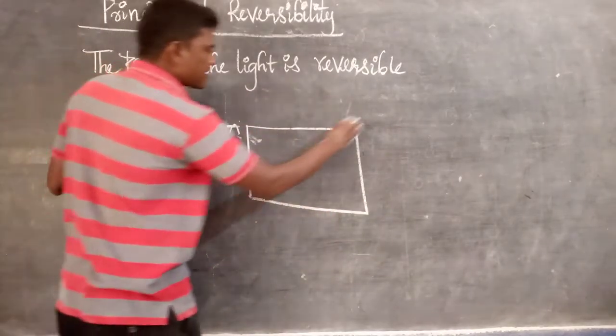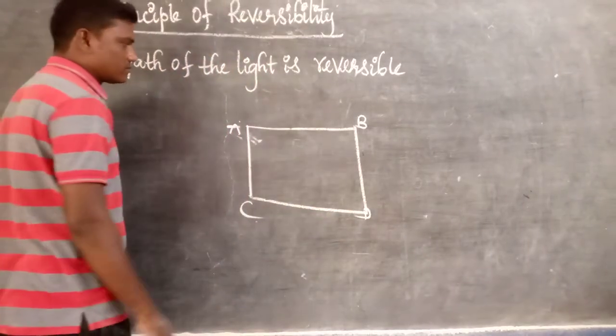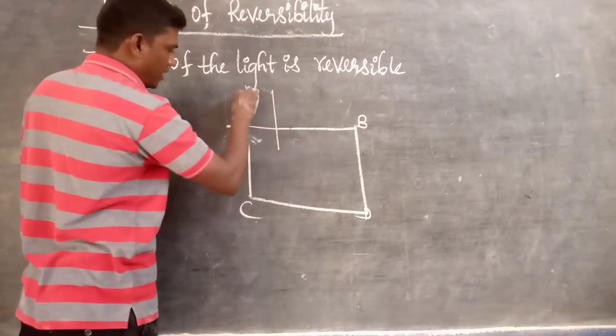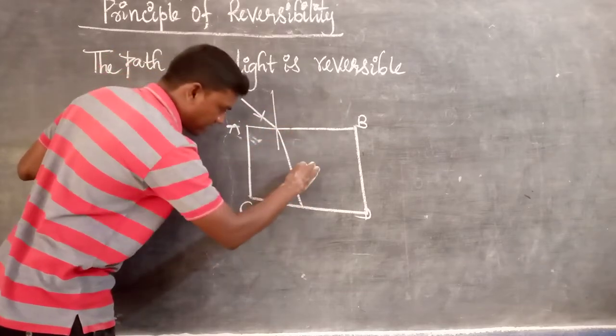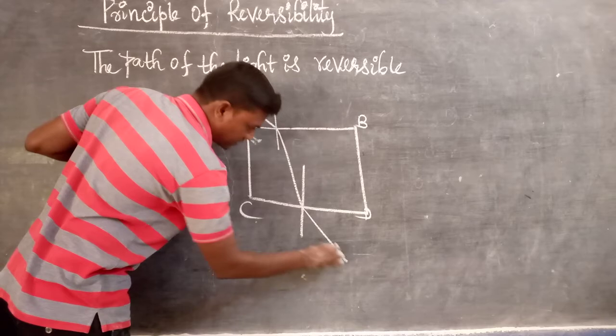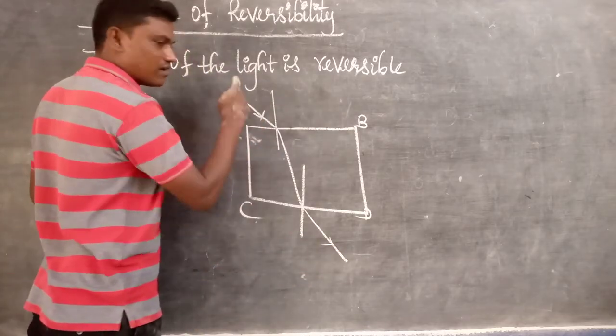It is a rectangular glass slab. A, B, C, D are its boundaries. We know that. It is the incident ray. It is the refracted ray. It is the emergent ray. But we consider only the incident and refracted ray.